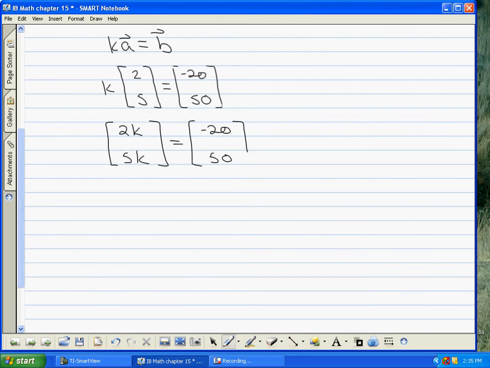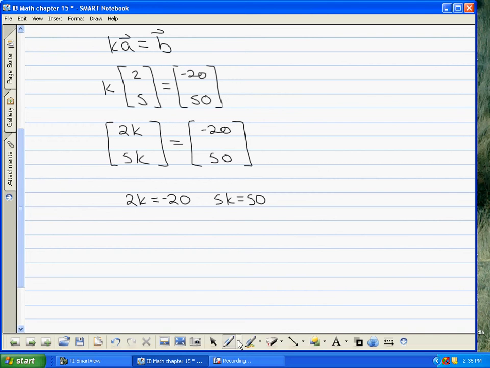Now, remember, equal vectors means that they go in the same direction and they have the same length. In component form, that means that their x values are equal and their y values are equal.